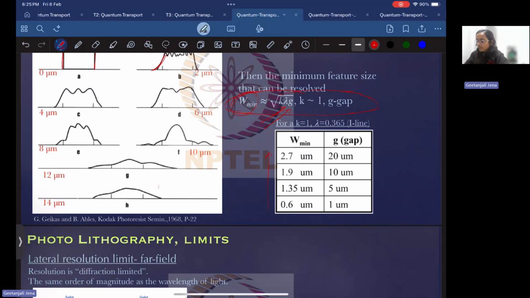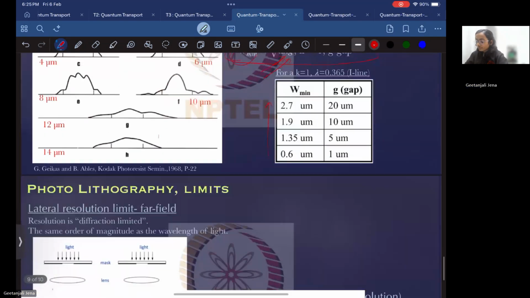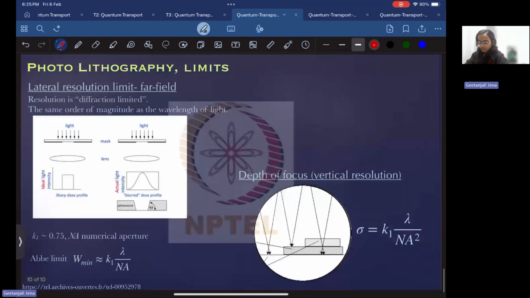Okay, so this is about the soft contact and the contact mode. Next, we have the effect of far field radiation in the projection mode, and this is mostly because of the Abbe limit.